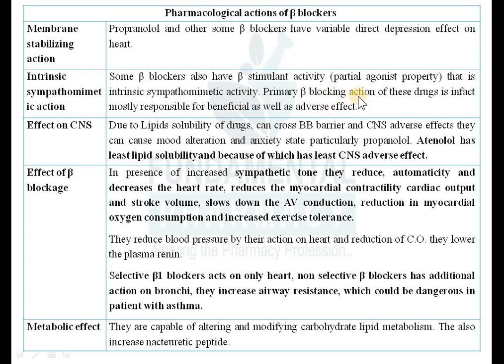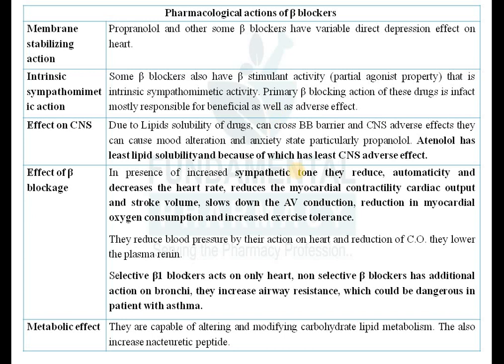Primary beta blocking action of these drugs is in fact more responsible for the beneficial as well as adverse effects. Beta blockers with additional sympathomimetic property, their beneficial effect in hypertension or any adverse effect is because of mostly beta blocking activity, not sympathomimetic.